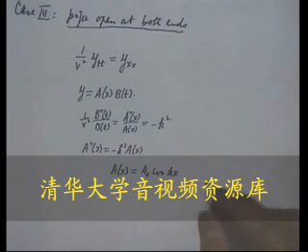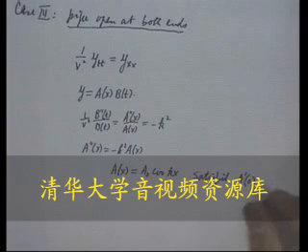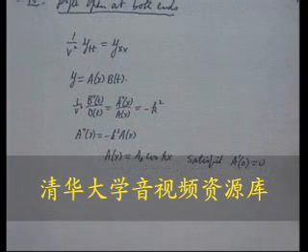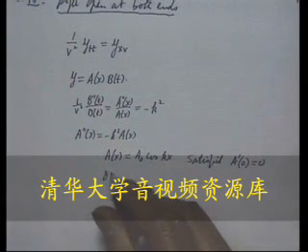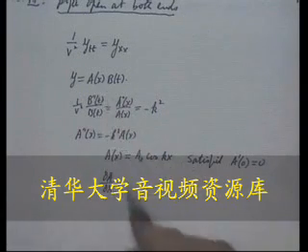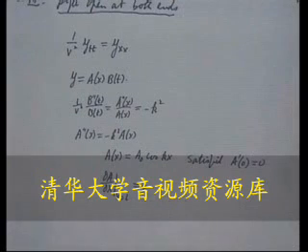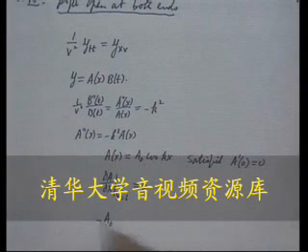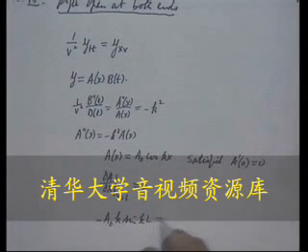And this satisfies the boundary condition A prime of 0 is equal to 0. The other end is dA/dx at x equal to L, which has to be equal to 0. When you differentiate y, you only differentiate A. That's the other boundary condition. That means minus A0 k sine of kL is equal to 0.